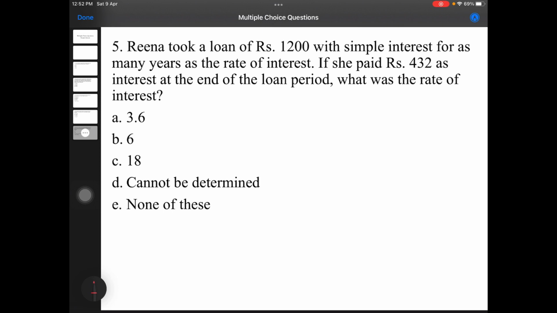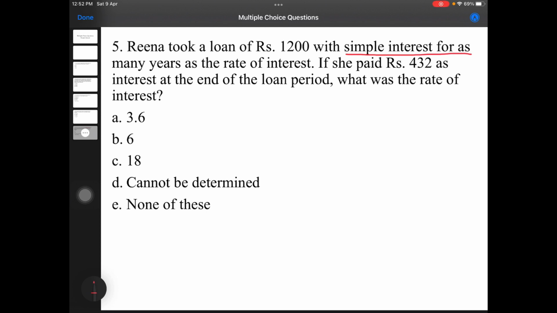Question number 5. Reena took a loan of rupees 1200 with simple interest for as many years as the rate of interest. If she paid 432 as the interest at the end of the loan period, what was the rate of interest? So here the given data is the amount of loan, which is 1200, and the simple interest paid.